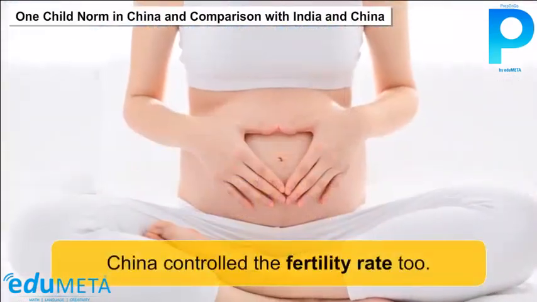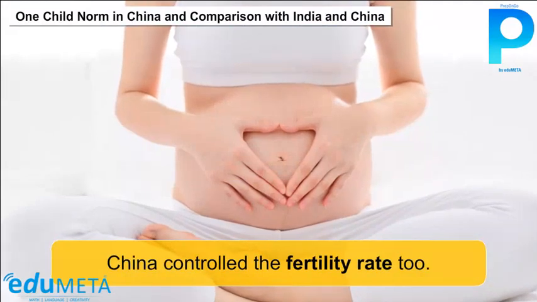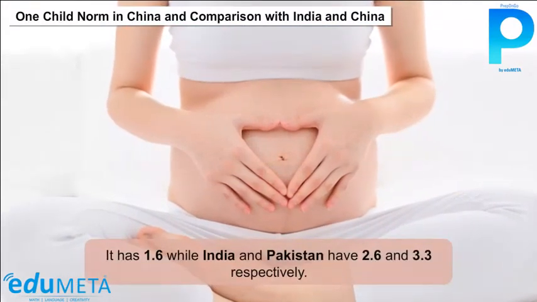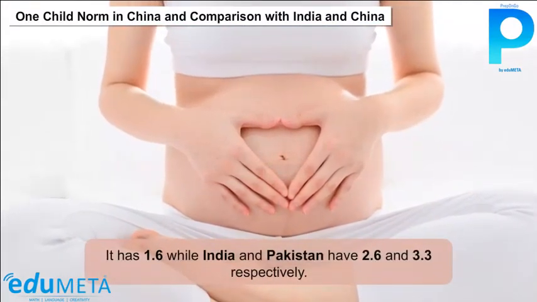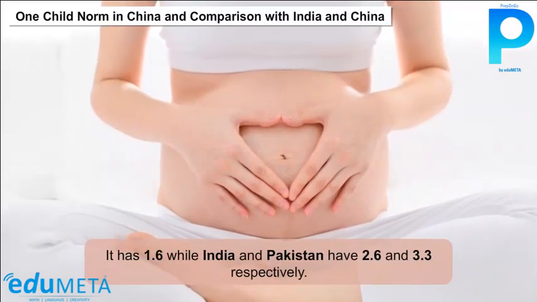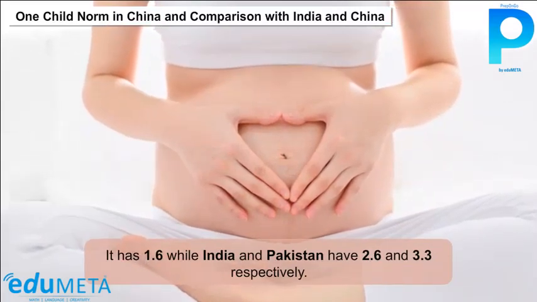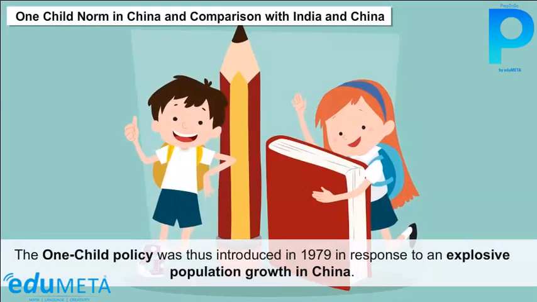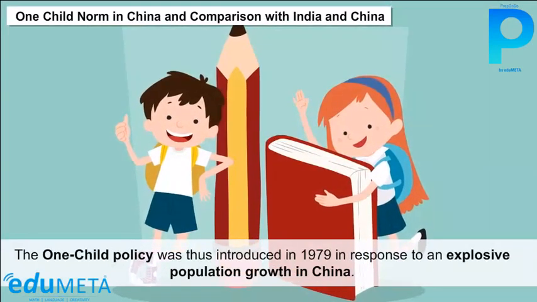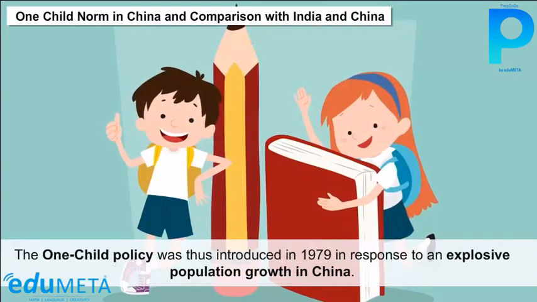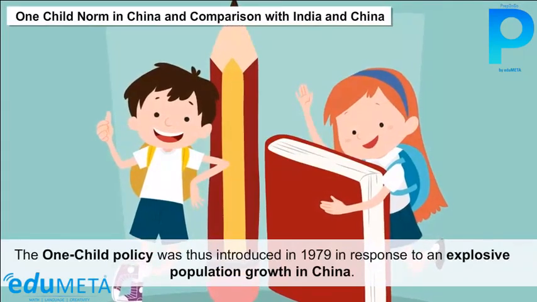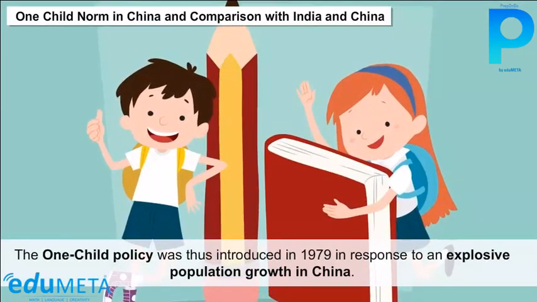China controlled the fertility rate too. It has 1.6, while India and Pakistan have 2.6 and 3.3 respectively. The one-child policy was thus introduced in 1979 in response to explosive population growth in China.